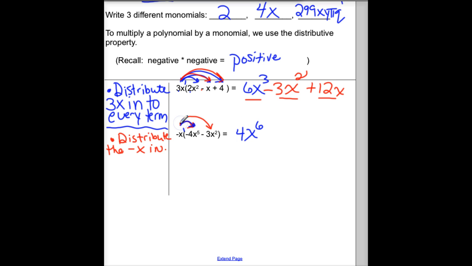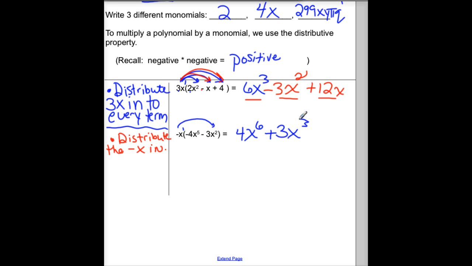On my next hop here, I've got a negative times another negative, giving me a positive 3x to the 1, 2, 3. So when you first start these, a lot of times you just put the little 1 in there so you make sure you see it. So it'll be x to the 3rd on that hop.